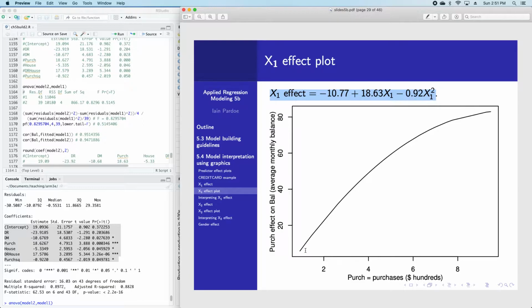But at a low value of purchase, say from 1 to 2, the effect on average monthly balance is quite dramatic. It goes up quite a lot. The line is quite steep on this side of the graph. Whereas if I increase purchases from say 8 to 9, the line doesn't go up very much relative to how much it goes up on this side of the graph.